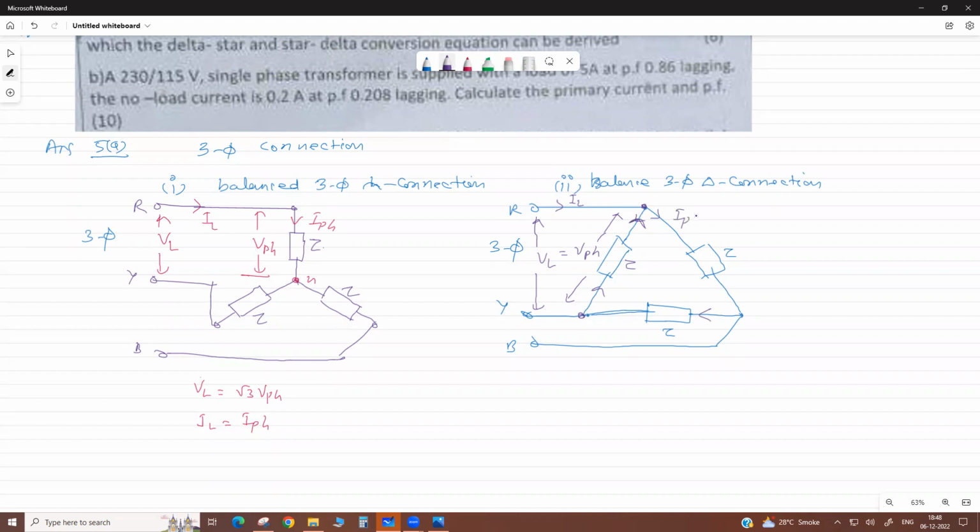So this is the phase current. So for this delta, line current equals √3 times phase current, and line voltage equals phase voltage. These equations are used, and from this we can convert star to delta or delta to star.